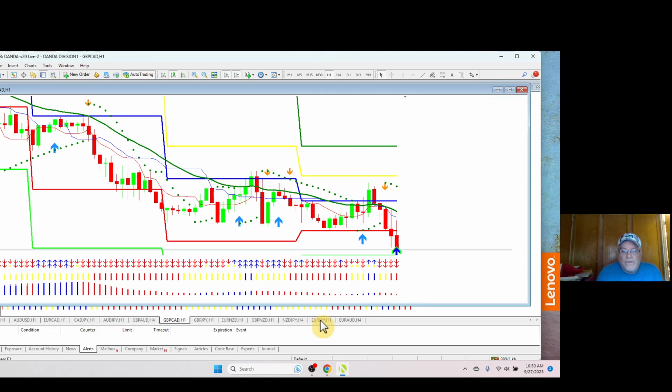Oh, wasn't there another? Pound yen. Let's see if that's continuing to push up, as it's 10 till 11 now.